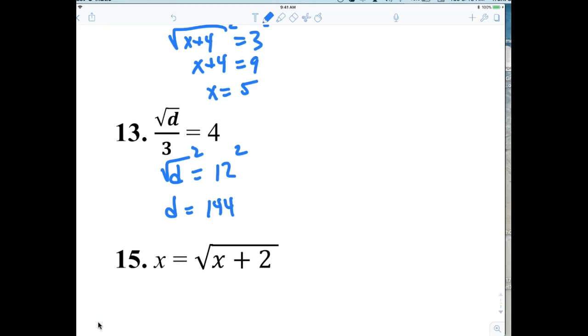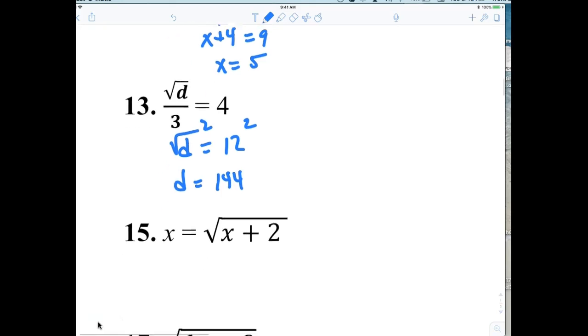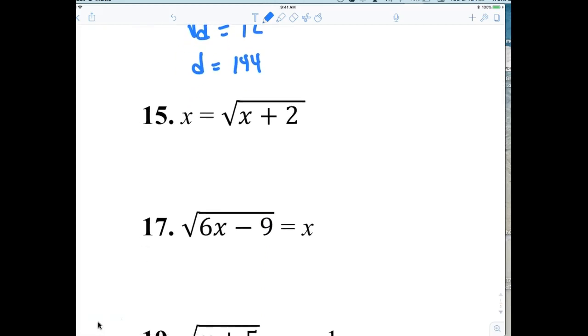All right. Now, a little bit harder now. So please pay attention on number 15. We have to square both sides. I really need your attention now. All right, so I have x squared equals x plus 2.